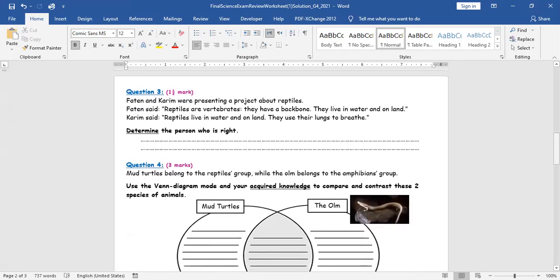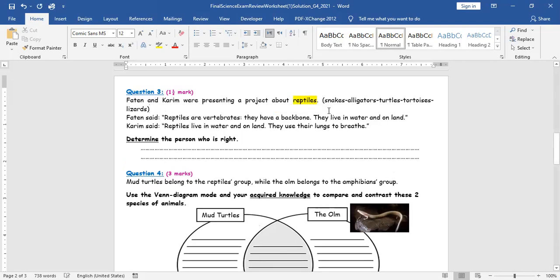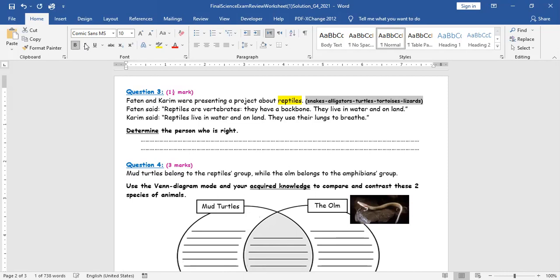Fatin and Karim were presenting a project about reptiles. Let's give some examples of reptiles. Snakes, alligators, turtles, tortoises, lizards are the 5 groups of reptiles.